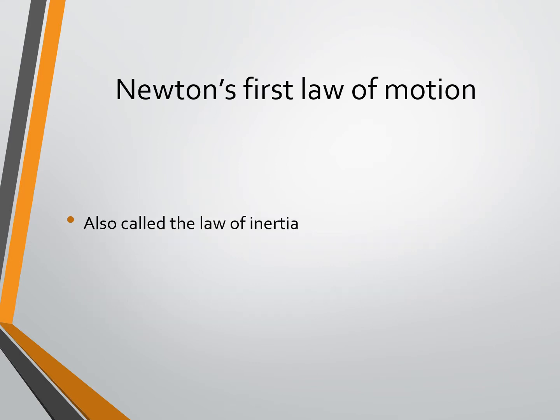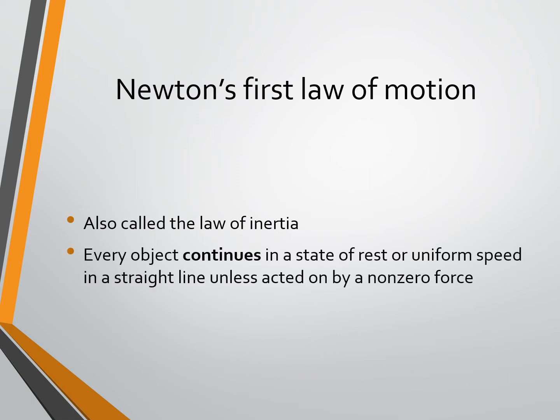So, let's talk about Newton's first law of motion, which is sometimes also called the law of inertia. And we'll talk about what the word inertia means in a moment. But Newton's first law of motion states that every object continues in a state of rest or uniform speed in a straight line unless acted on by a non-zero force.